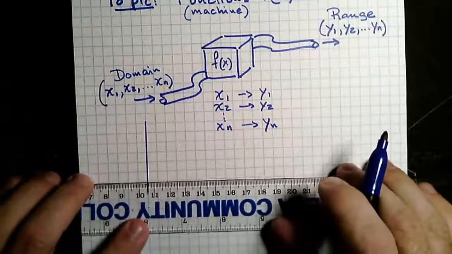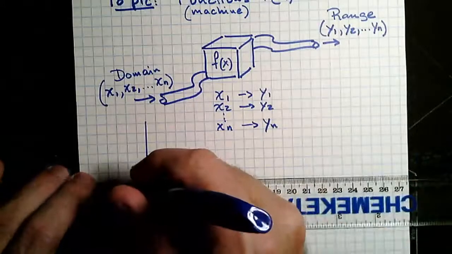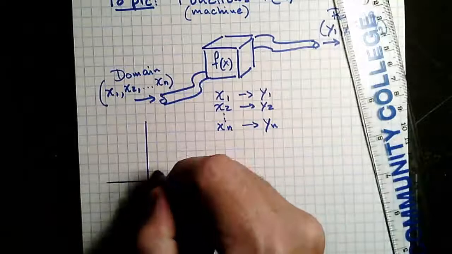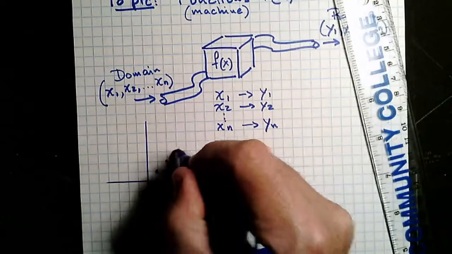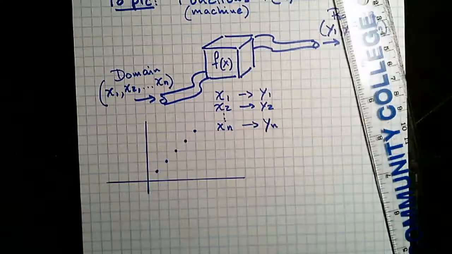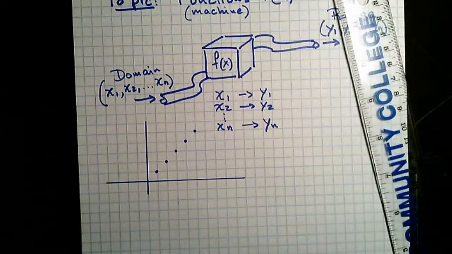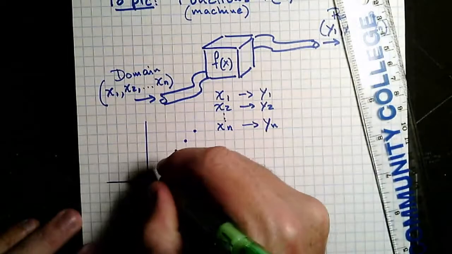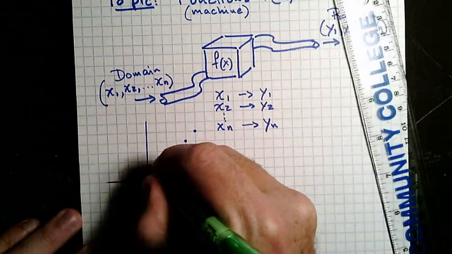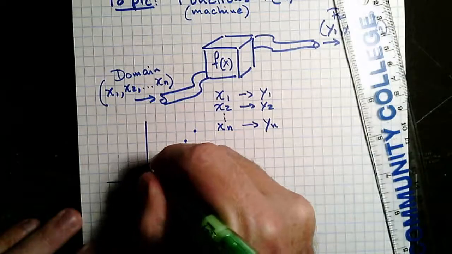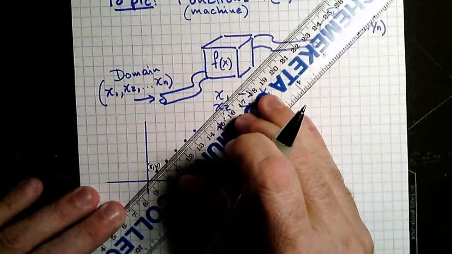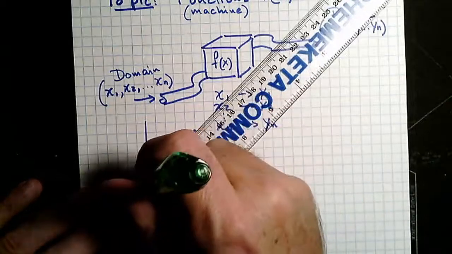I have these points over there, and those points are going to be pairs of points. So this is x and y, a point like this, and I am going to draw a line.